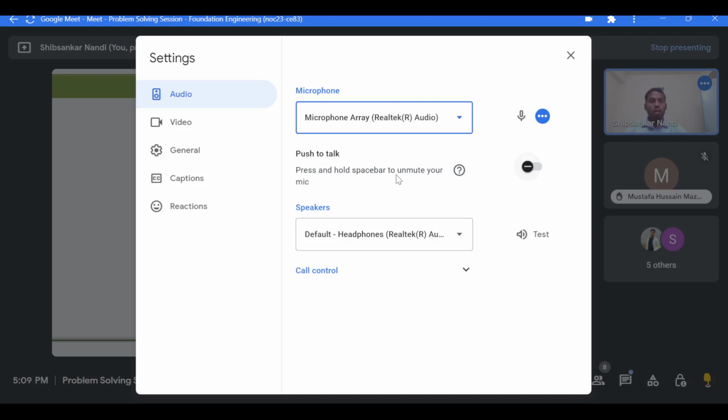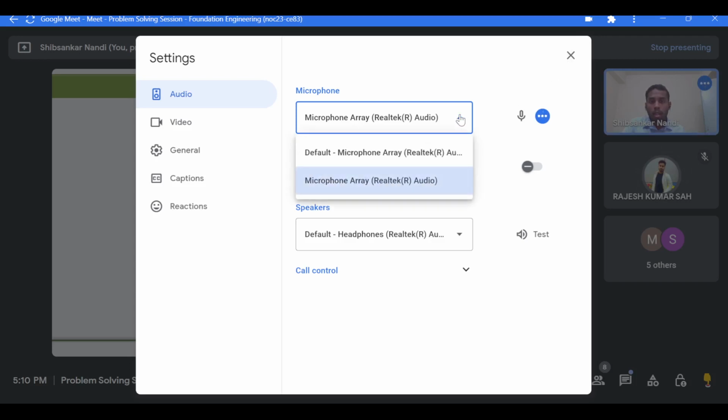Can you please tell me now whether it has improved or not? I have changed the settings for audio.